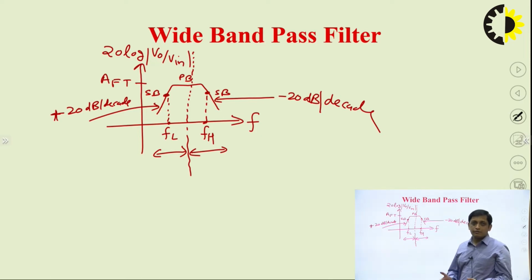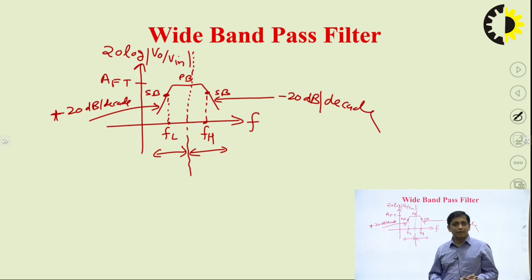So we can easily understand that if we cascade the first order high pass and first order low pass, then it will become band pass filter, and the minimum order required for band pass filter is 2. Fine. Now if we classify band pass filter, then this band pass filter can be classified into two parts.